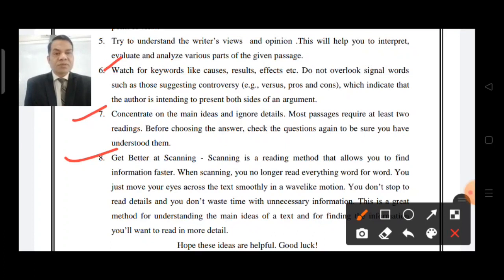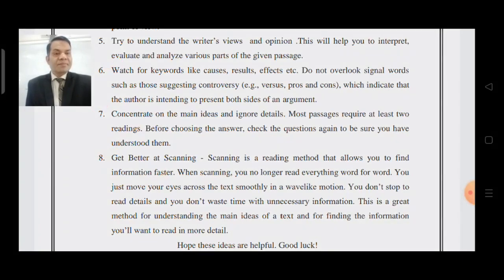You don't stop to read details and you don't waste time with unnecessary information. This is a great method of understanding the main ideas of a text and for finding the information you will want to read in more detail.